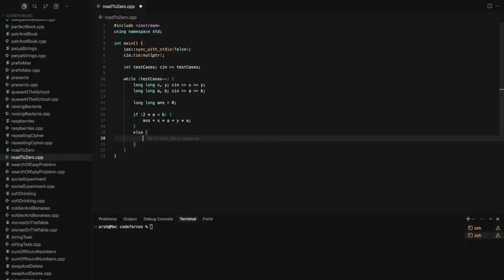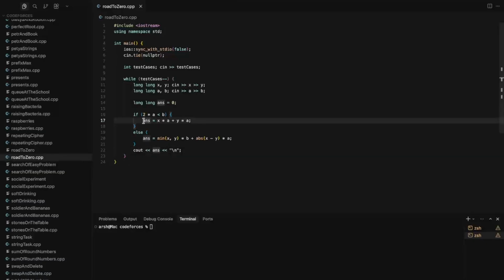If that is not the case, all we have to do is use the formula that we calculated earlier: the minimum of x and y multiplied by b, since we're decreasing both values at once, plus the absolute value of x minus y times a.